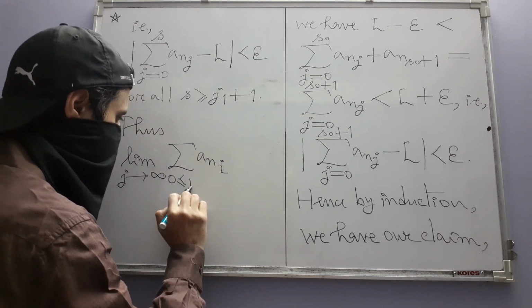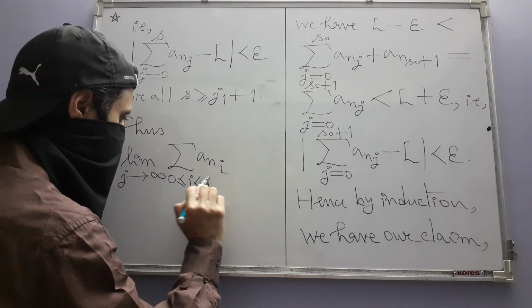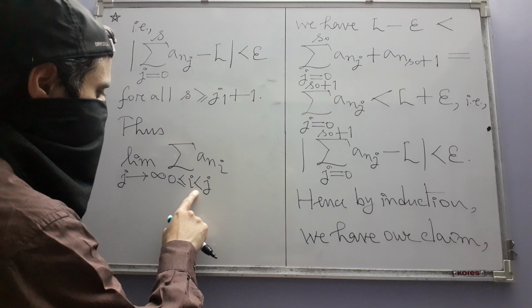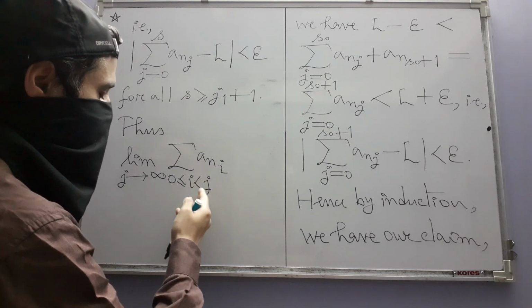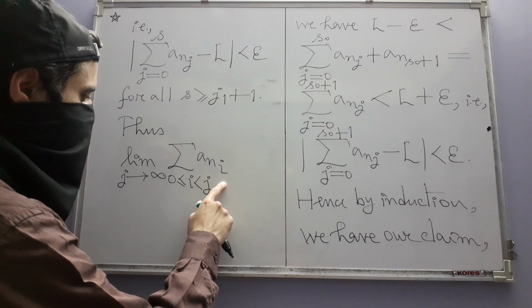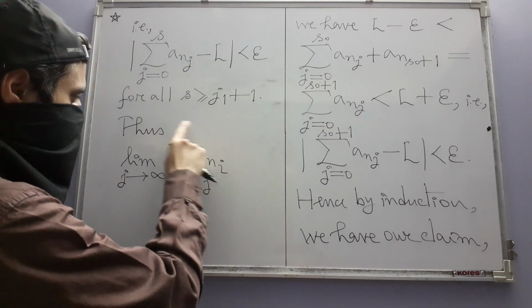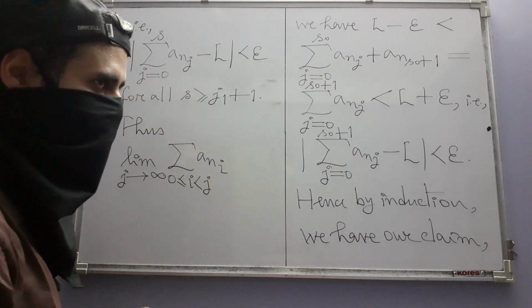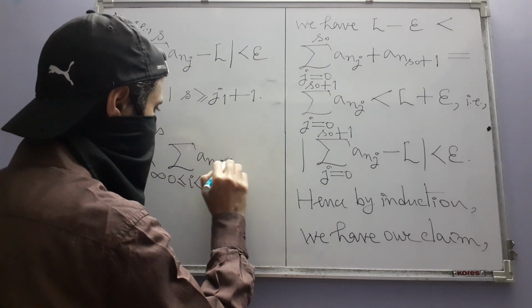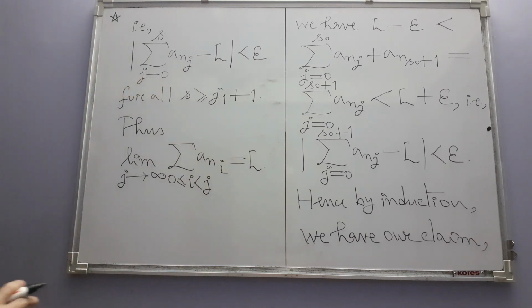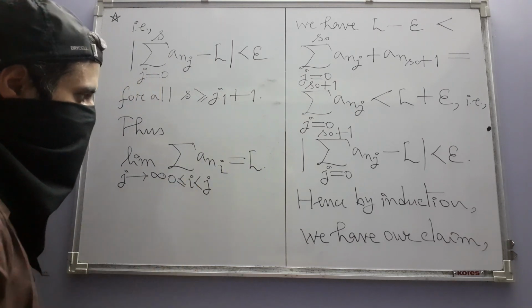We have strict inequality here, but if you want, you can write an equality also by writing J1 minus 1, or such a sum where i varies from 0 to J1 minus 1. Same thing. So this is equal to L, and that answers the final why.